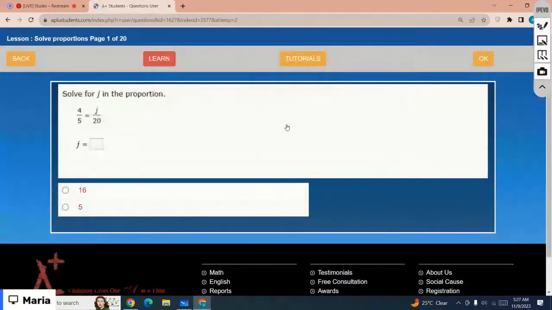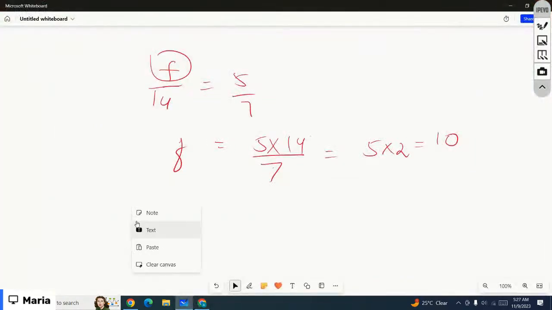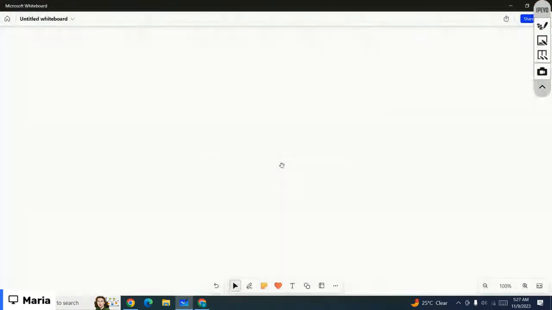Okay, solve for j in the proportion 4 over 5 equals j over 20. So just isolate the variable j, right? 20 is dividing here, so it would be multiplied to the opposite side. So it would be j equals 4 times 20 divided by 5.